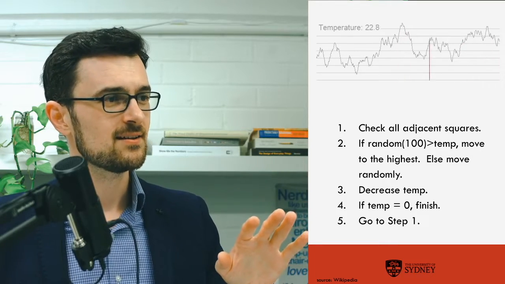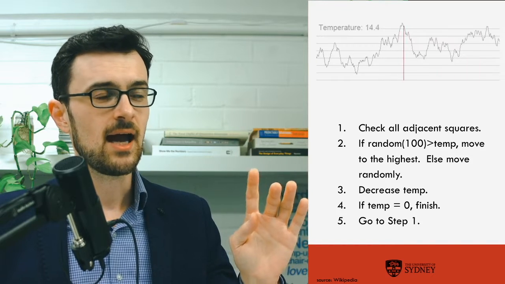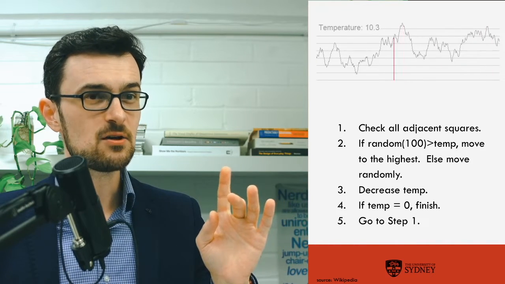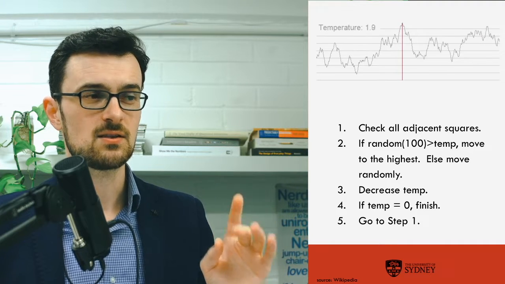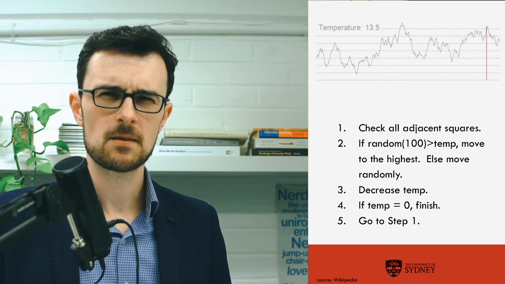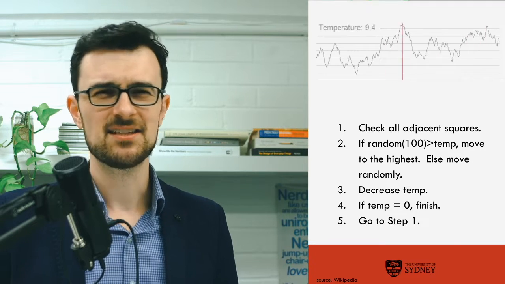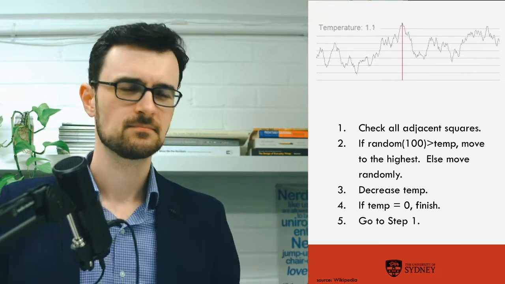So what you note here is that it moves very randomly at first. And then as the temperature starts to decrease, it makes fewer jumps and eventually gets stuck on the best one. There's slightly more to simulated annealing in that the jump is actually based on how good you are as well.